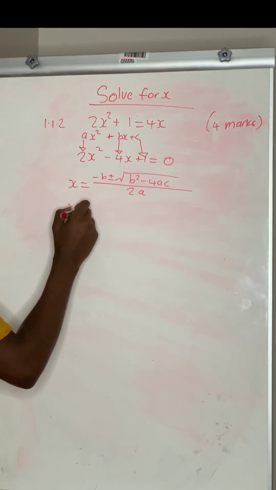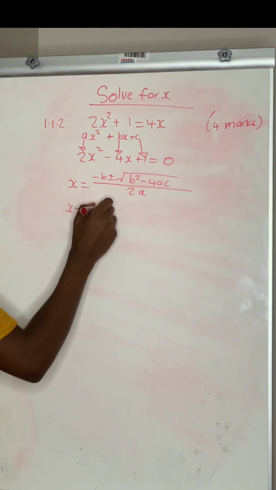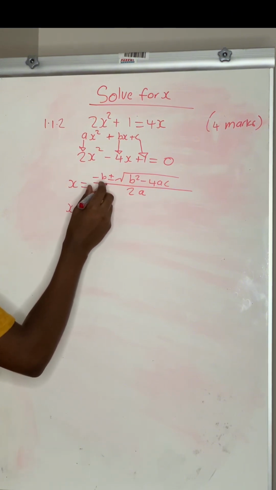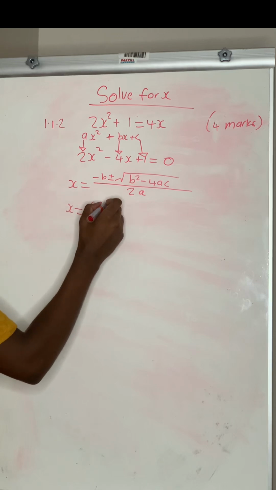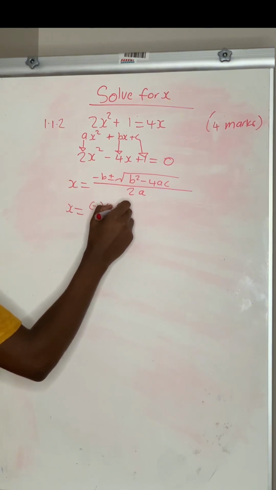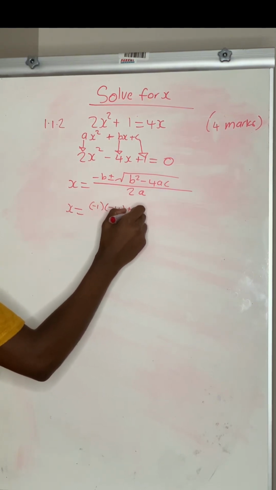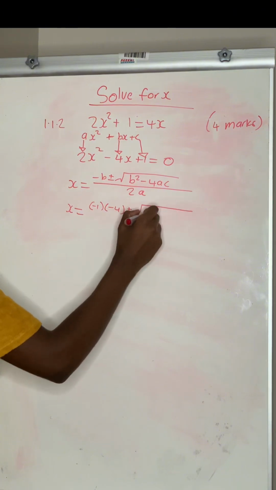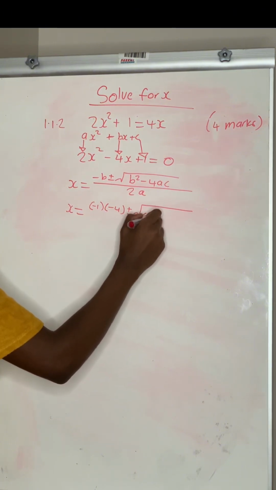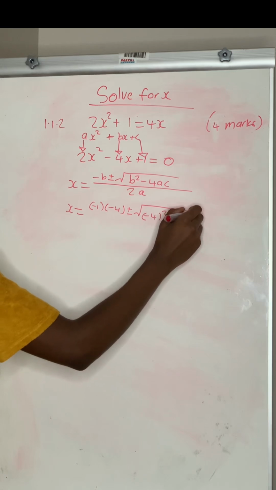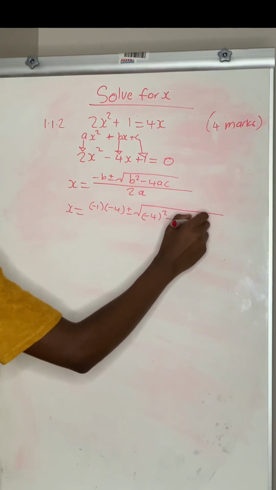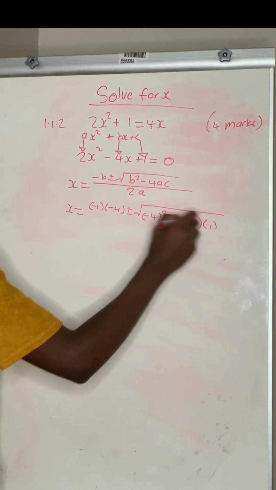So it's x is equal to negative 1. Remember, it's negative b, so the negative 1 is outside, and then you multiply with b. So the b is negative 4, and then plus minus the square root of negative 4 all squared minus 4 times a, which is positive 2, and our c is positive 1.